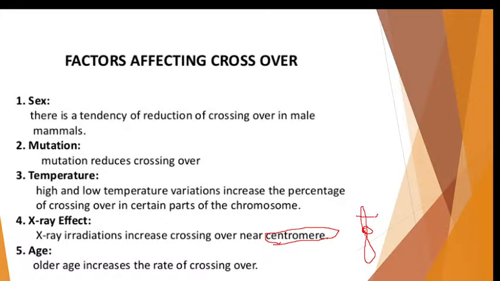Only the part of the chromosome far from the centromere shows more crossing over. So, X-ray irradiation will increase the crossover near the centromere, where usually the crossing over is less.